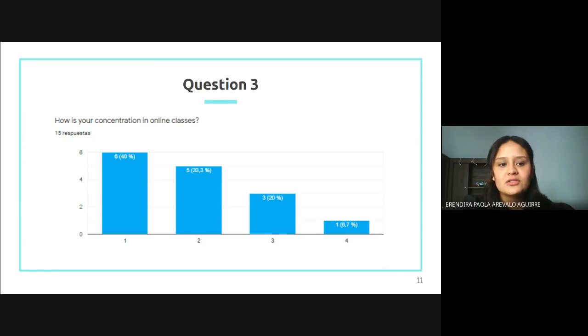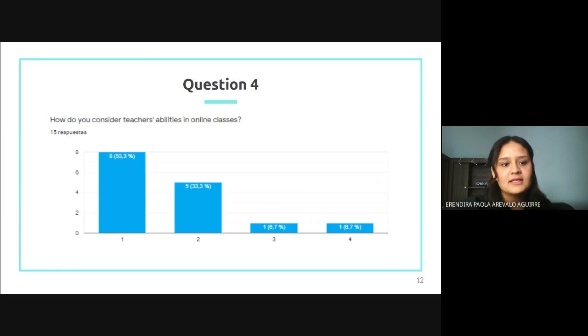This question showed that 40% of the students have very good concentration, 33% show that they have good concentration, and the other 26.7% show that they have a hard time concentrating, which is the numbers labeled there by 3 and 4.